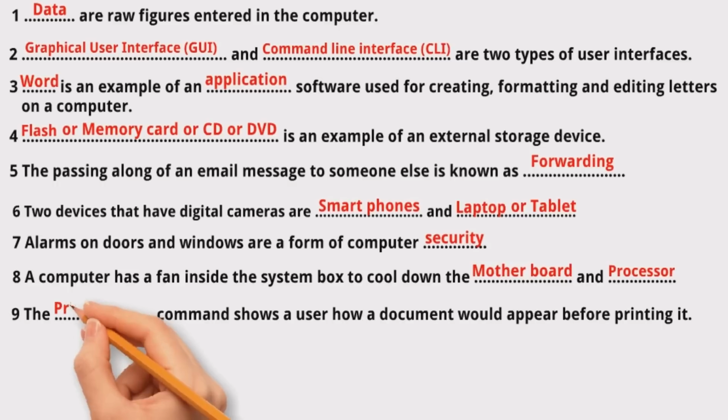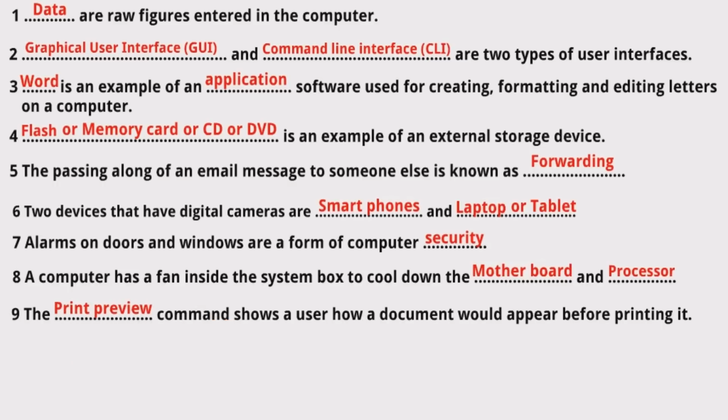That is the print preview. So when you go on print, you see on the right side of the screen a document showing how it's going to come out. Okay, that is print preview.